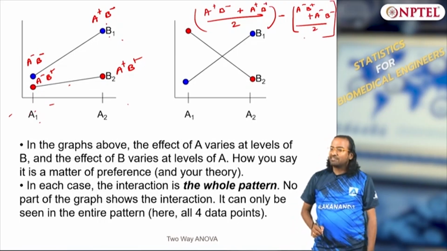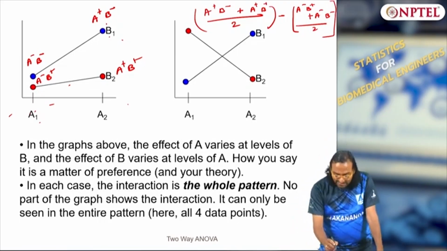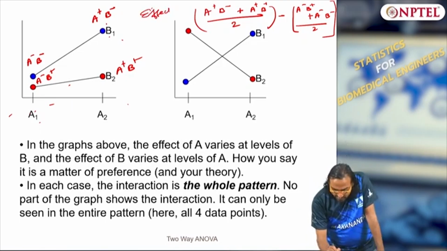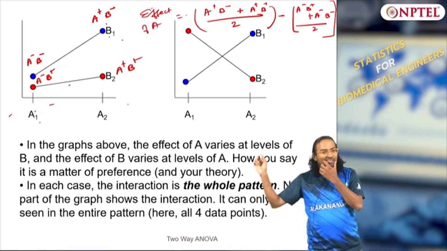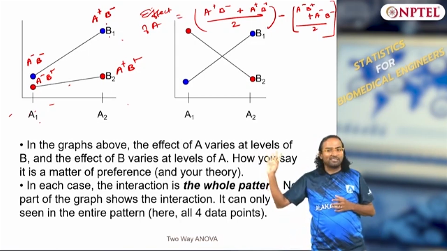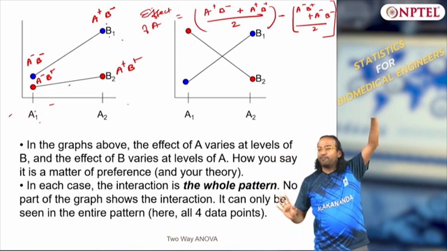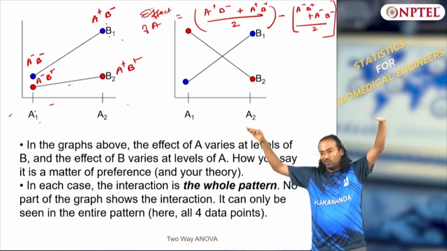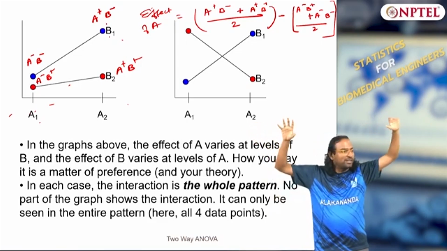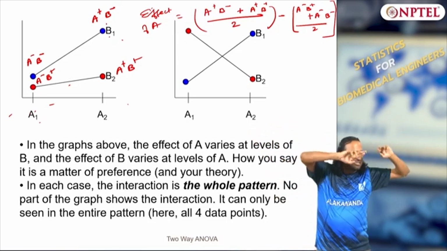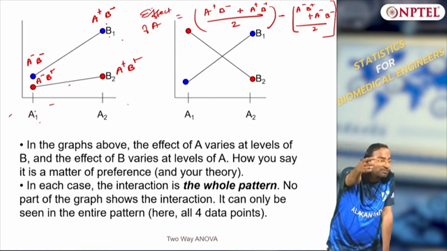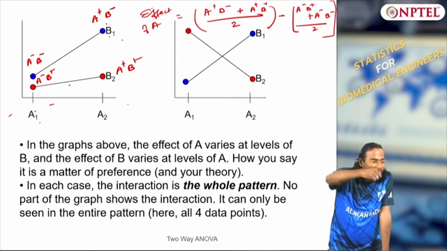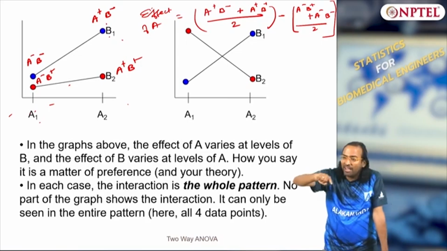Does this make sense? This is my effect of A. Is everybody clear? Common man, common sense. Effect of A, difference in A at 2 levels. You want to see the difference of A at 2 levels, that is what effect of A is, irrespective of B. It is irrespective of the other factors.